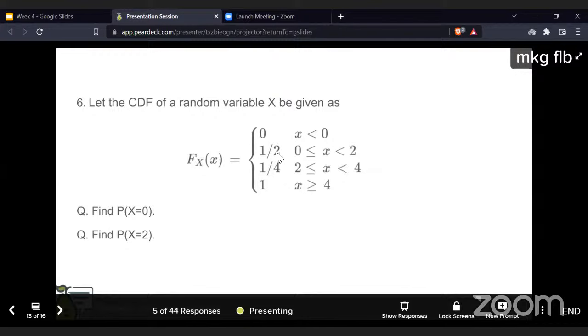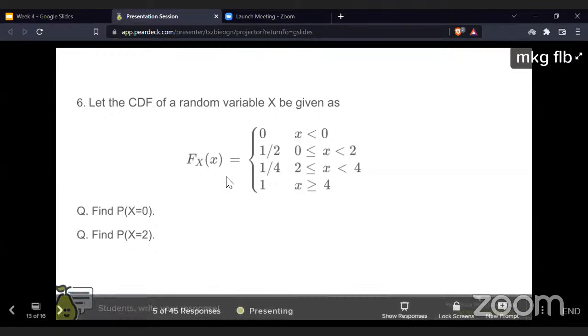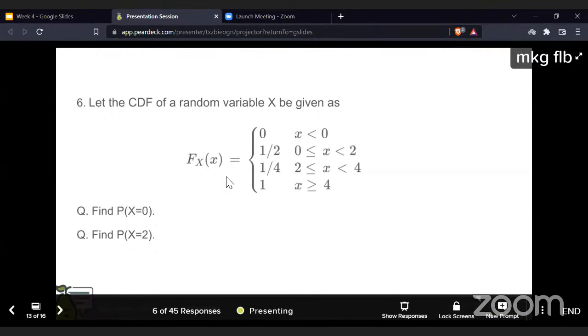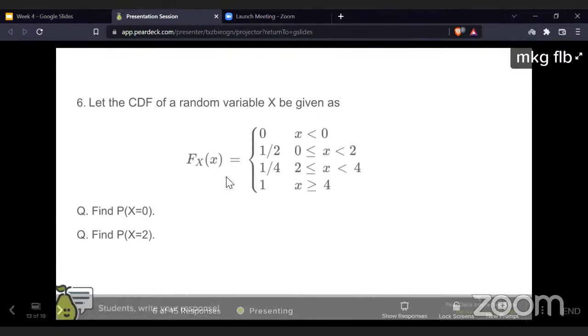Okay, so just replace the first one with 1 by 4, and replace the other with 1 by 2 and 1 by 4. So answer will be 0 at both the points, ma'am.